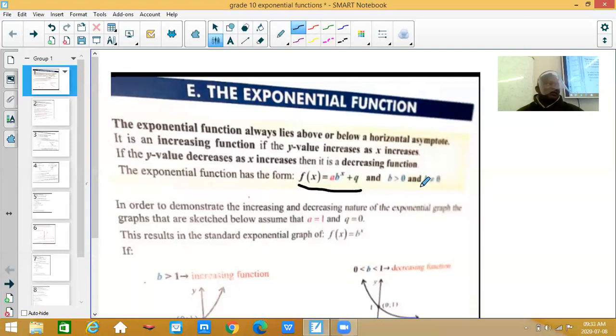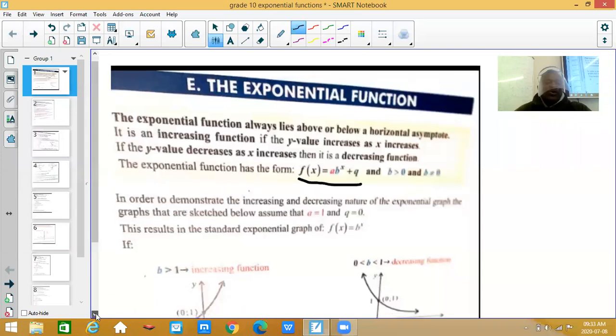It can be anything, q equal to 0, right? Now we want to look at some examples to demonstrate how an increasing or decreasing exponential function looks.